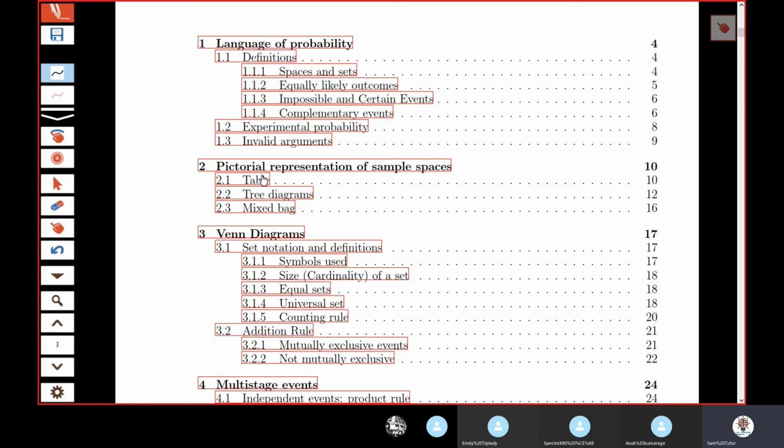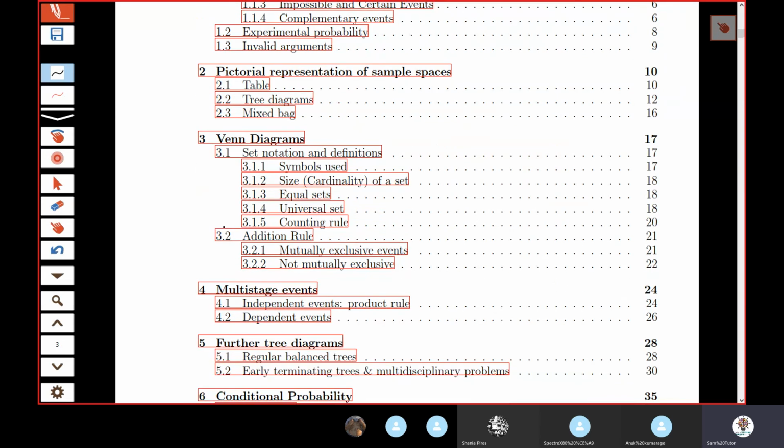You'll look at representing your sample spaces using a few different methods, like tables or lists, tree diagrams, and a mixed bag. You'll see what that means in a sec. Venn diagrams, we'll be looking at those again, and that's when those symbols are going to come in handy.